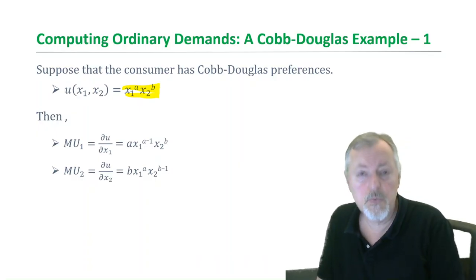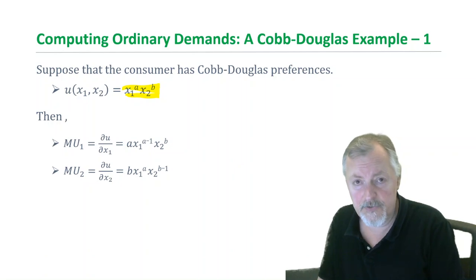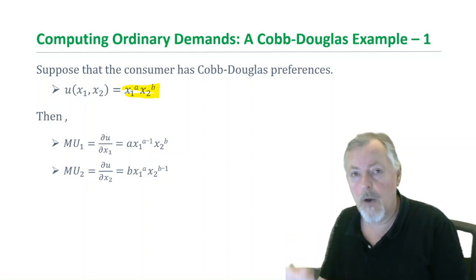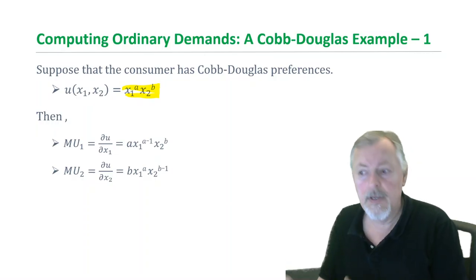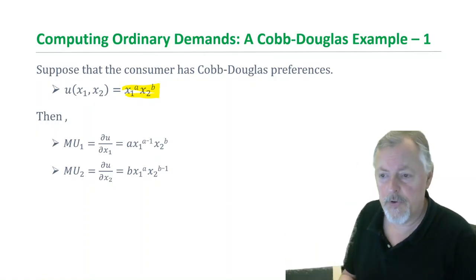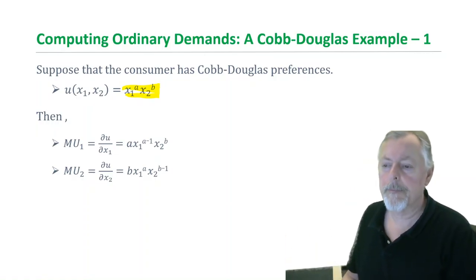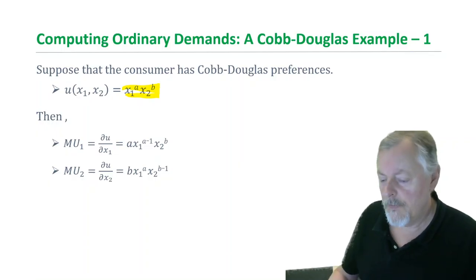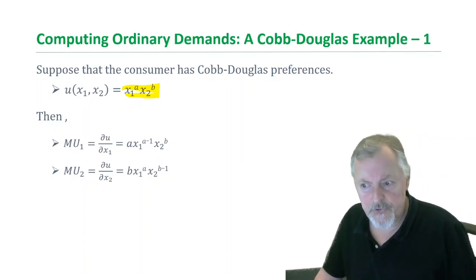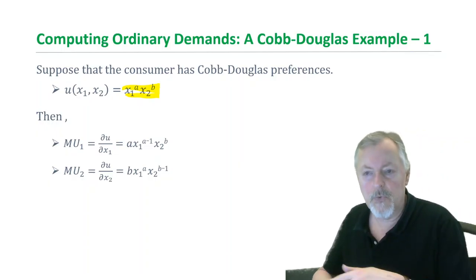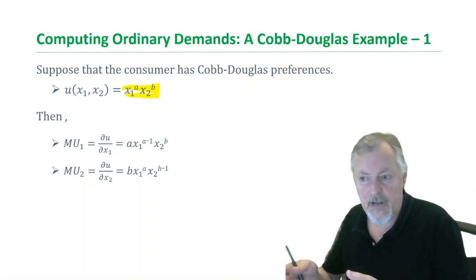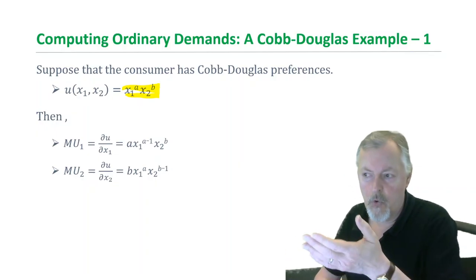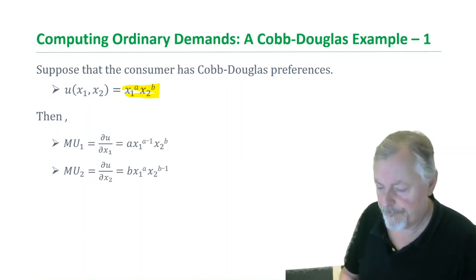Utility is equal to the quantity of X1 the person has raised to some power A times the quantity of X2 they have raised to some exponent B. The marginal rate of substitution is equal to the negative ratio of the marginal utilities. So we have to find the marginal utilities for these preferences.